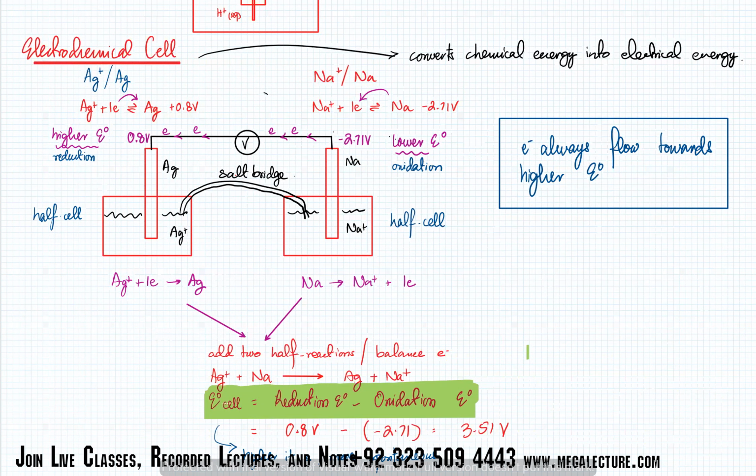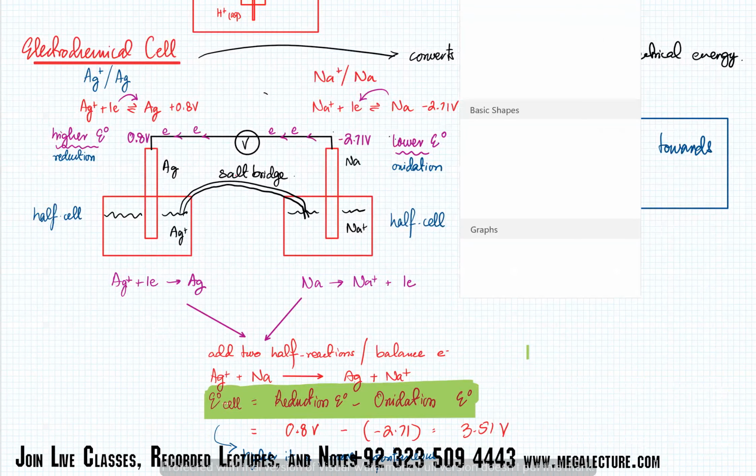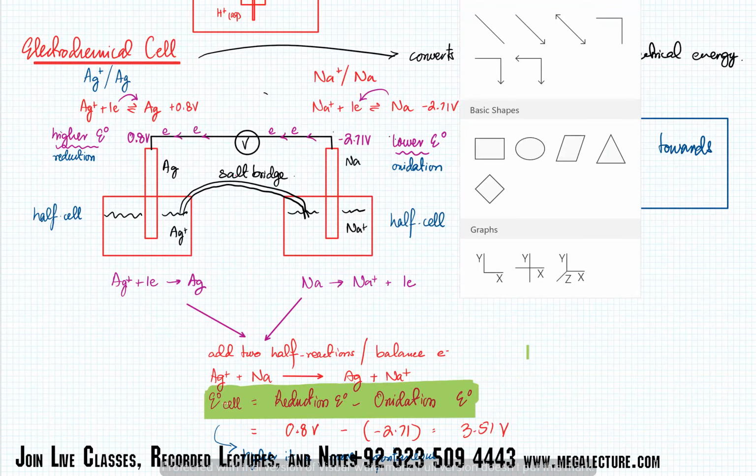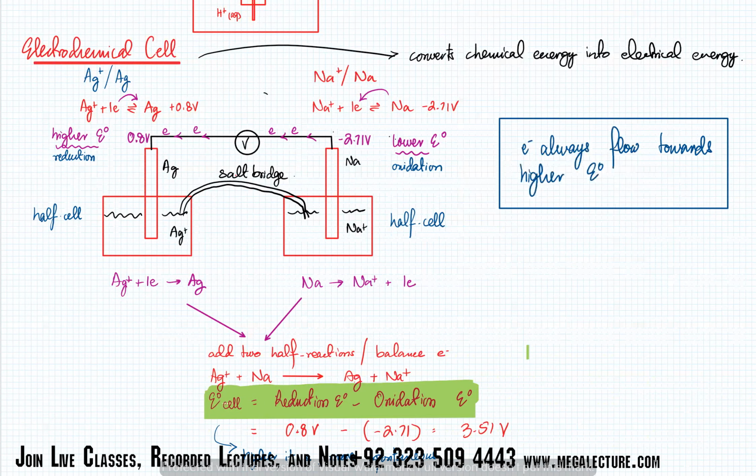So next we're just going to practice this, okay? The only thing I think I did not explain earlier, the only thing that we didn't do, was the salt bridge, right? Why is a salt bridge necessary?